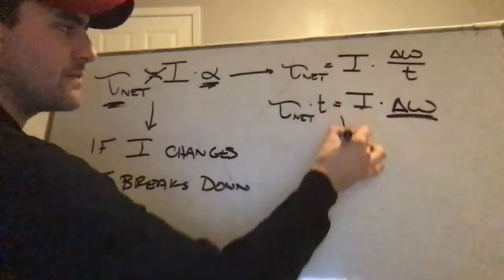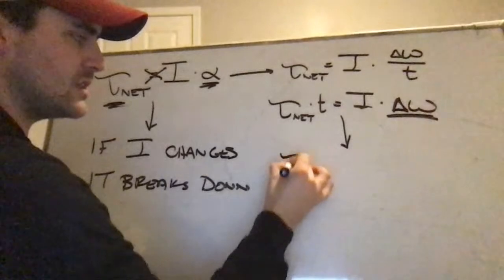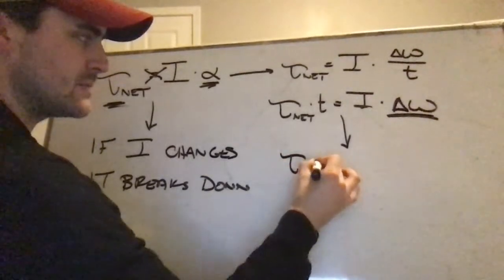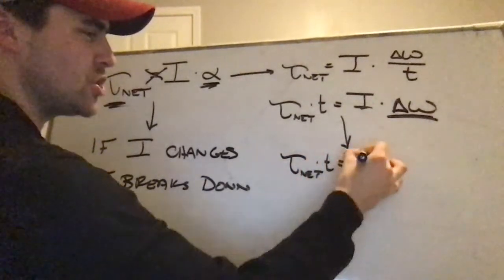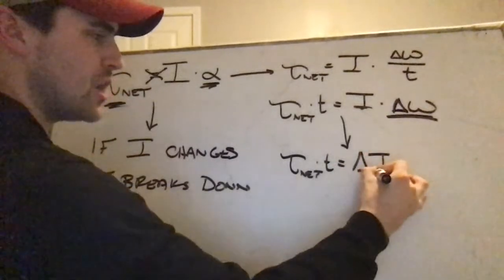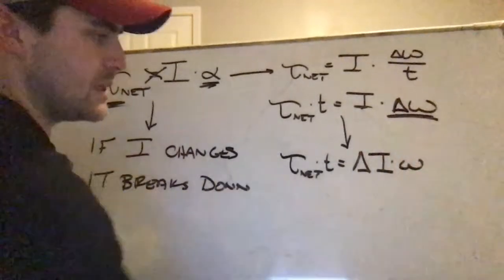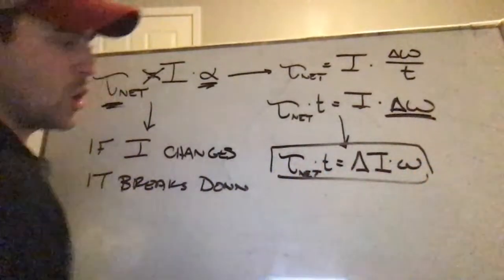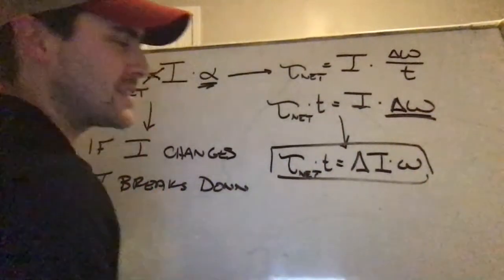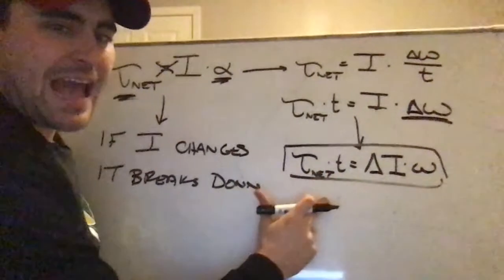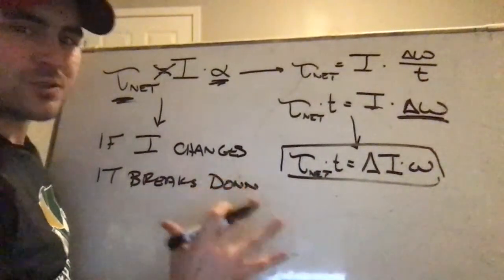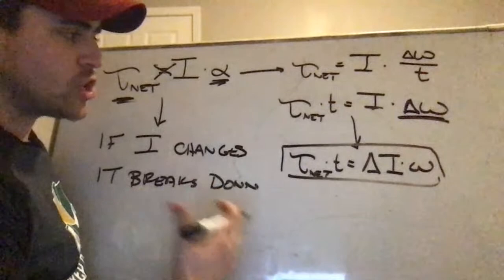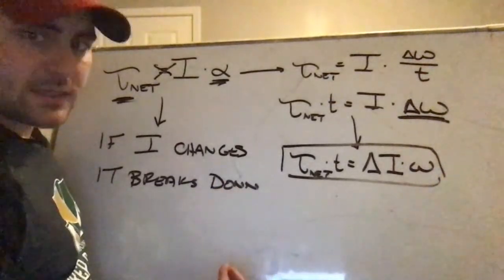We said, okay, fine. When things are moving rotationally, T net times time is equal to a change in shape or speed. This became our angular impulse expression. Where do changes in angular momentum come from? Outside net torques. Outside net torques cause changes in momentum.